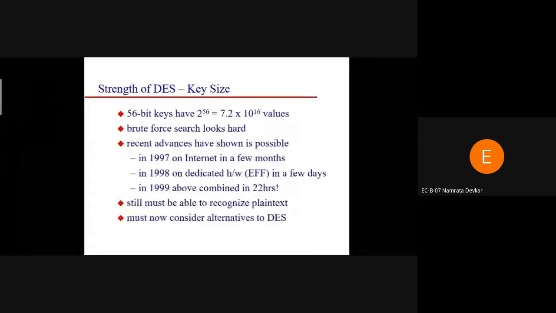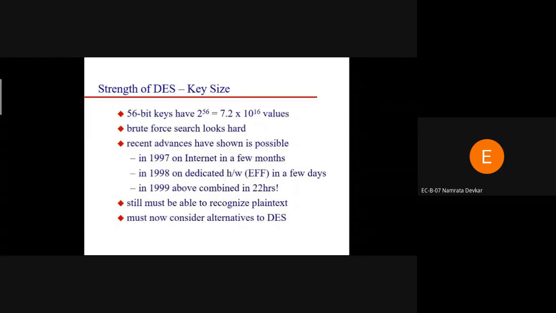In DES, we use a key of 56 bits. If we use a 56-bit key, we have a standard formula, 2 raised to n. Here the key is 56 bits, so 2 raised to 56 is equal to 7.2 into 10 raised to 16. So there are that many possible values of a key.